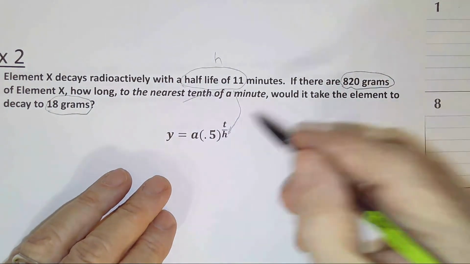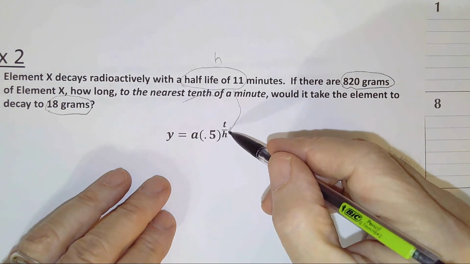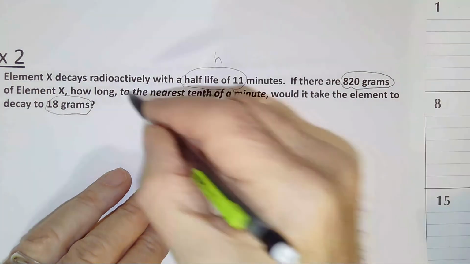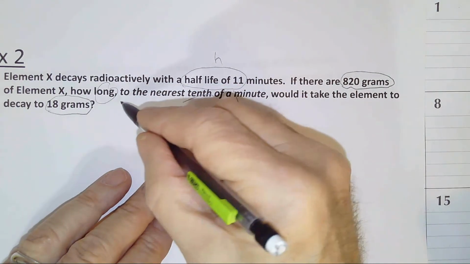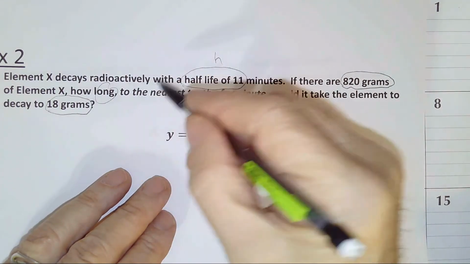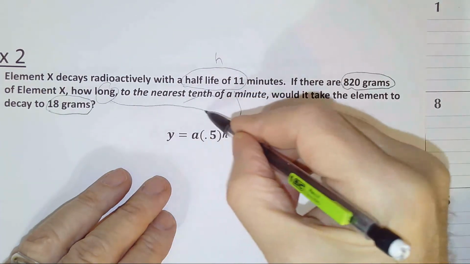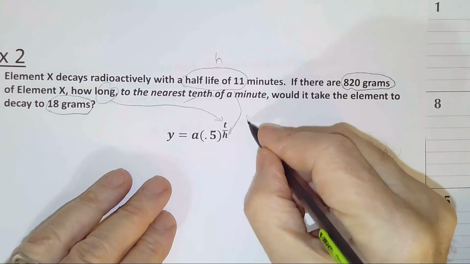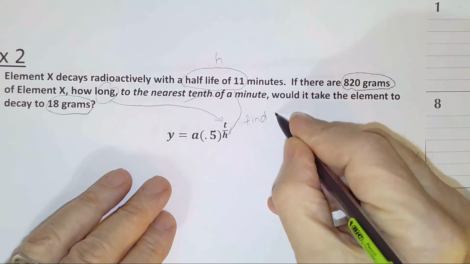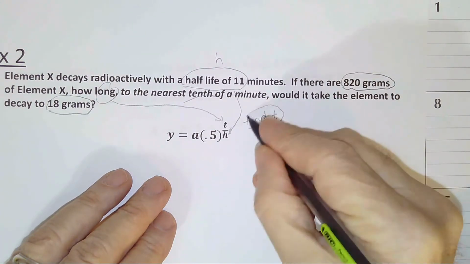And t is time. How long? And they want to know how long to the nearest tenth. So if this is time, this is what we're looking for. So you're going to find t.